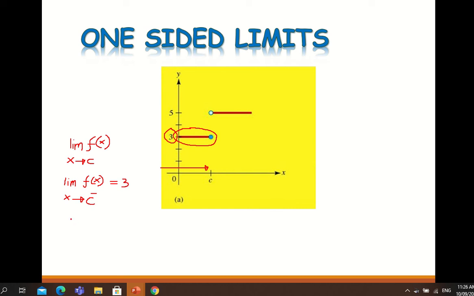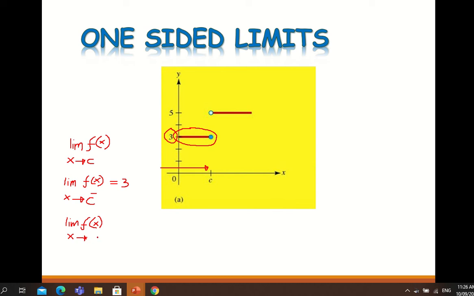Now to find the limit of the function f of x as x approaches c, but this time coming from the right.